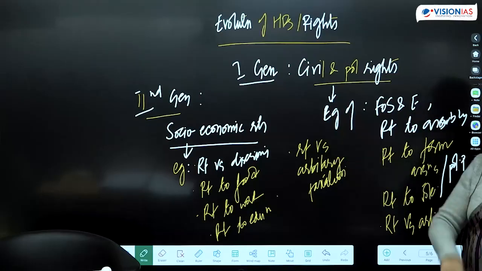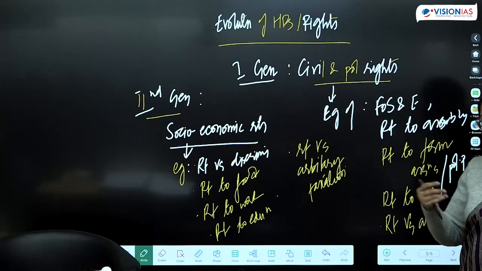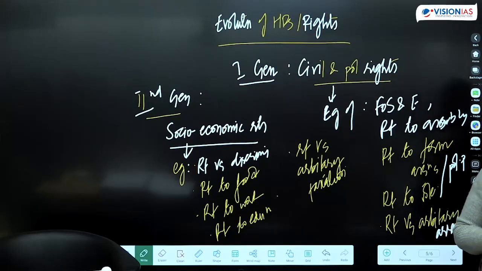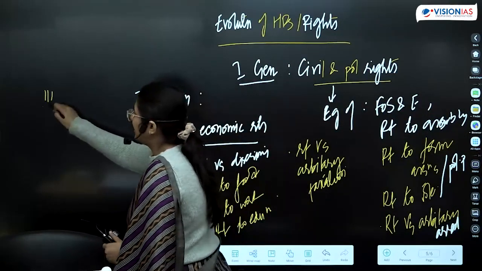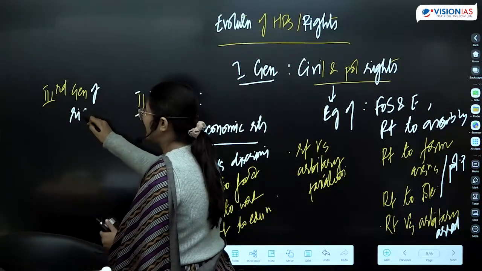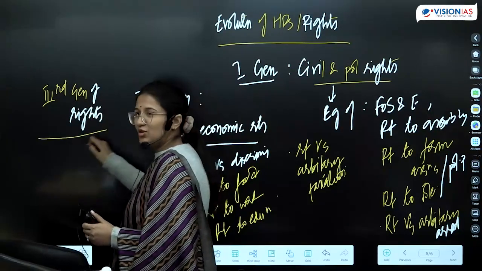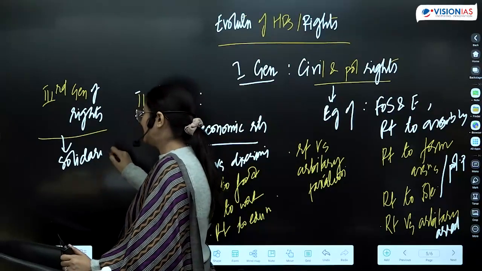Once we got these rights also, we realized there are certain more rights that we need to in fact lead our life to its fullest potential. Yes. So man started demanding third generation of rights. Yes. So these rights came to be known as solidarity rights.